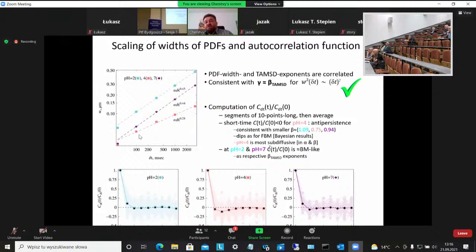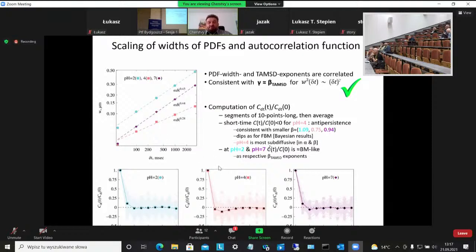And instantly you see the pH 4 set, which is more subdiffusive, and also producing rather subdiffusive behavior here, while the two other pH are producing rather close to Gauss, close to linear behavior with exponents close to 1, if you wish. So these exponents are actually consistent with the TAMSD exponents we obtained previously. And overall, this sort of supports our idea of a self-consistent diffusion law for these data at different timescales.